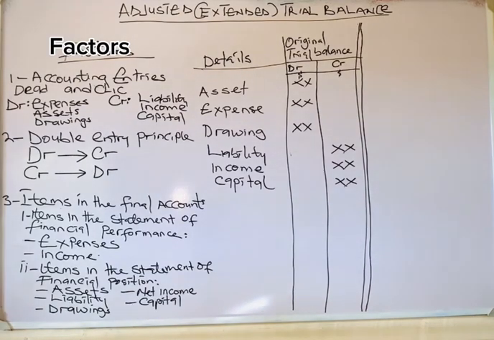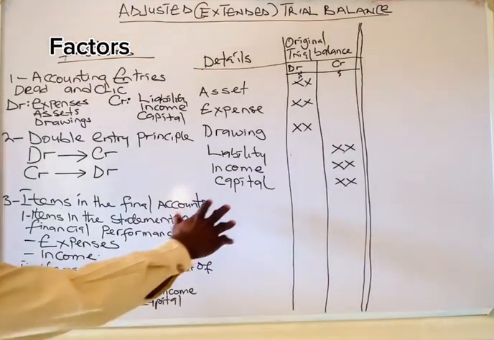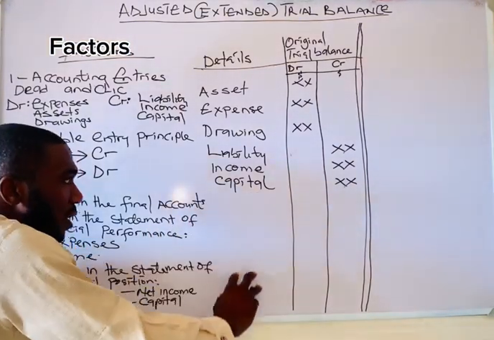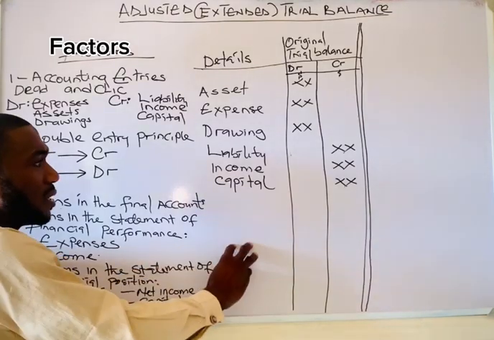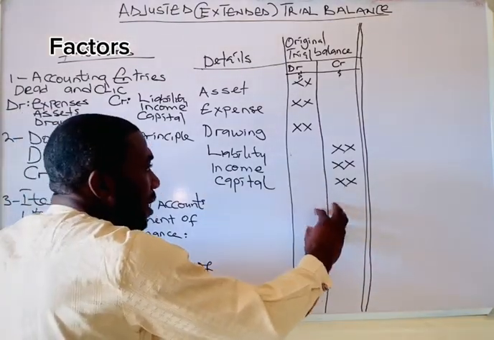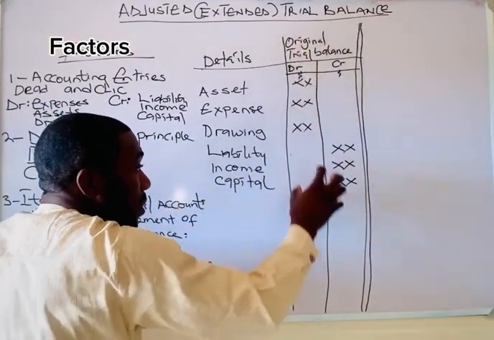At the end of the accounting period, there may be need for adjustment. So if there is need for adjustment, we begin our adjustment. When we are doing our adjustment, the adjustment is not going to be done in our original trial balance column.